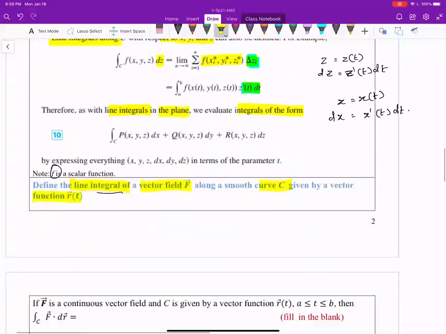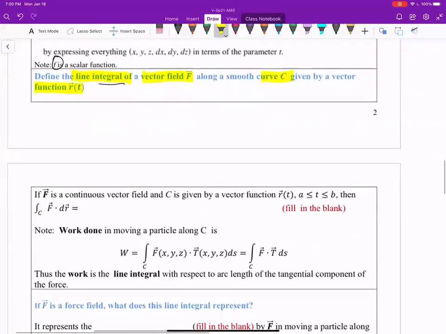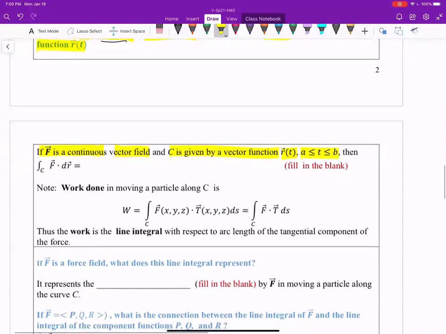The space curve C is written as a vector function r of t. If F is a continuous vector field and C is given by the vector function r of t, where t lies between a and b, then the integral over C of F dot dr can be written as an integral.